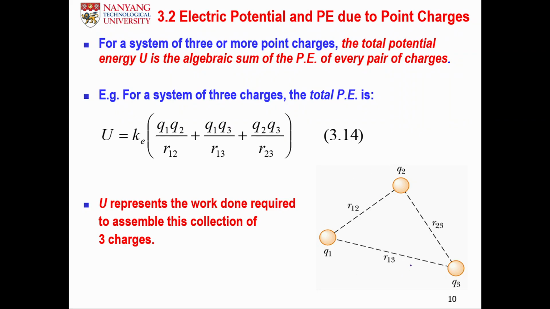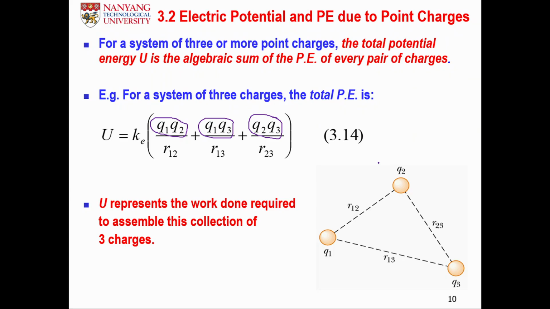Like if you have three charges, then you need to consider the potential energy between Q1, Q2. You also need to consider the potential energy between Q1, Q3, and also between Q2, Q3. Each pair of charges will give you a potential energy. So this is the case for three charges.